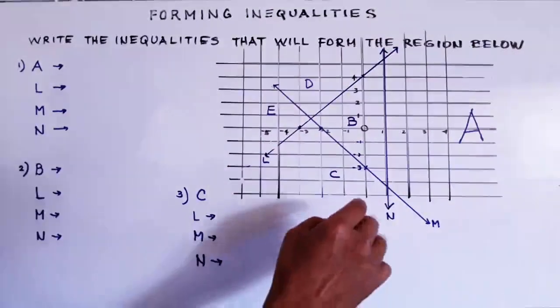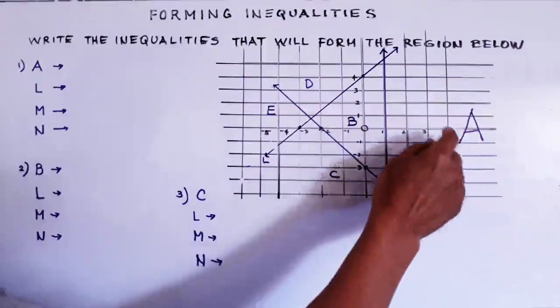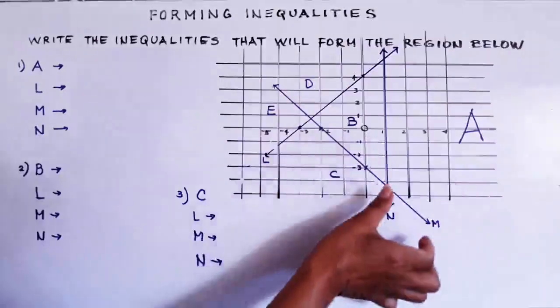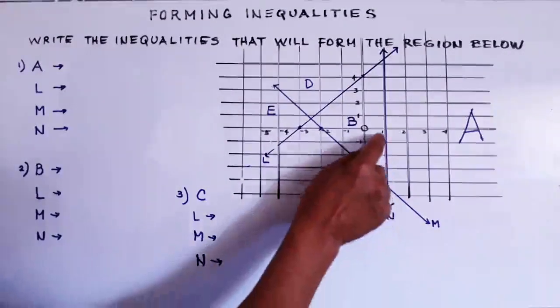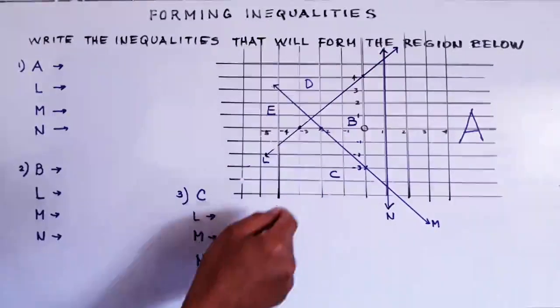So we have 3 lines which compose this region A, 1, 2, and 3. And we are going to find the inequality for this line, and for that line.